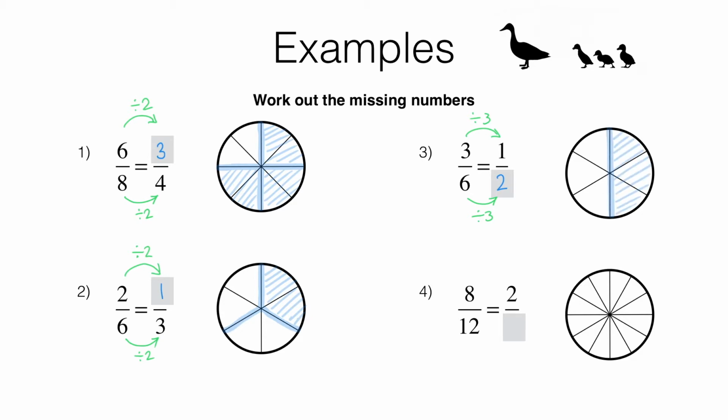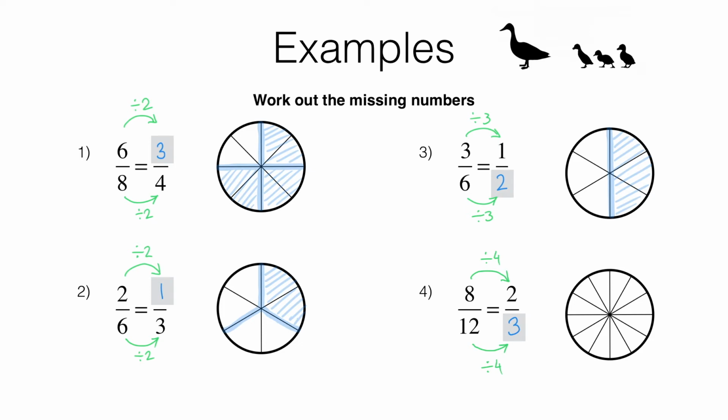In the fourth example, we've got 8/12 equals 2 over something. We've got both numerators, so we can look at what's going on there. To go from 8 to 2, we are dividing by 4. That means we've got to do the same thing to the denominator. 12 divided by 4 gives us 3.